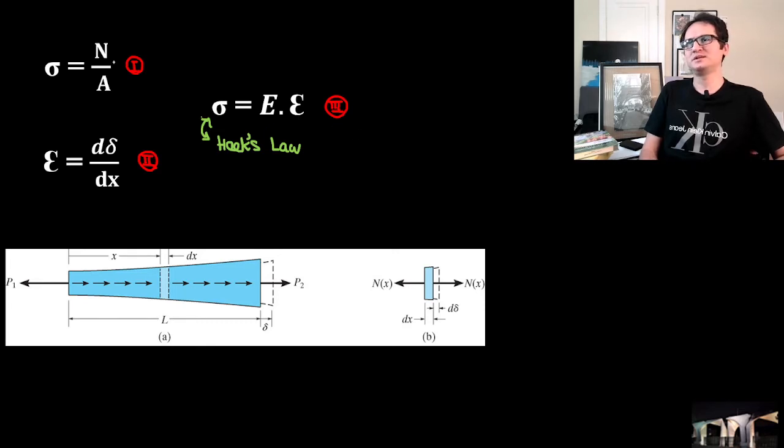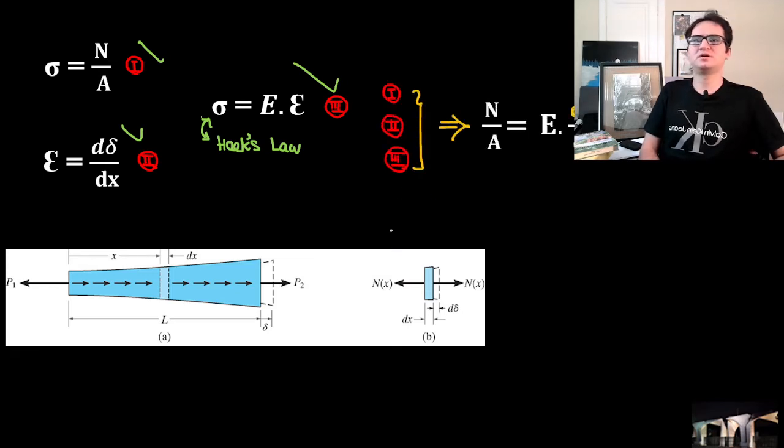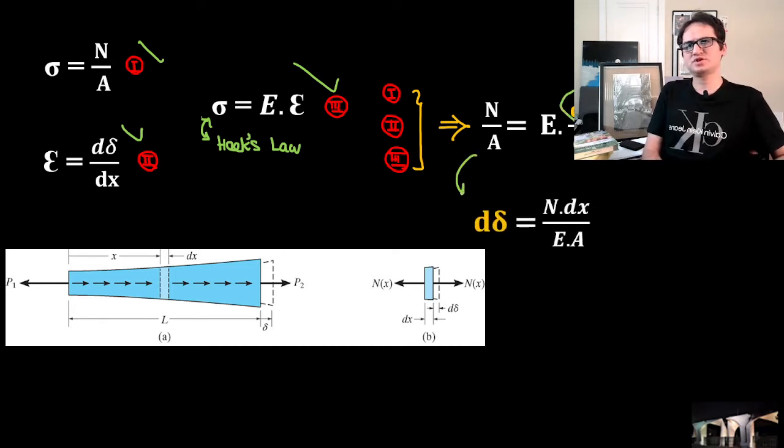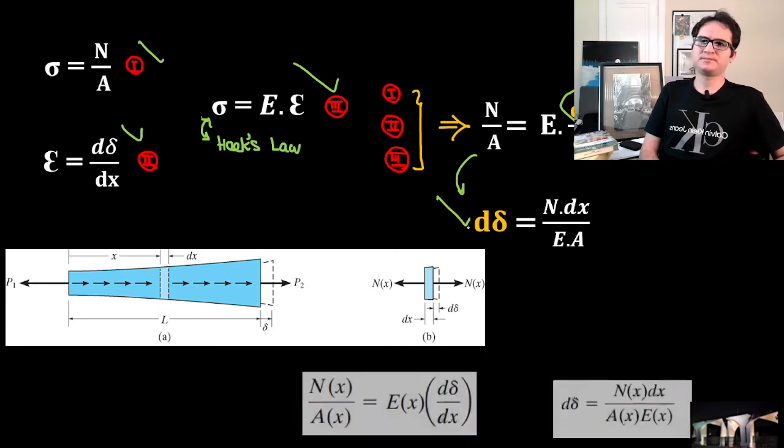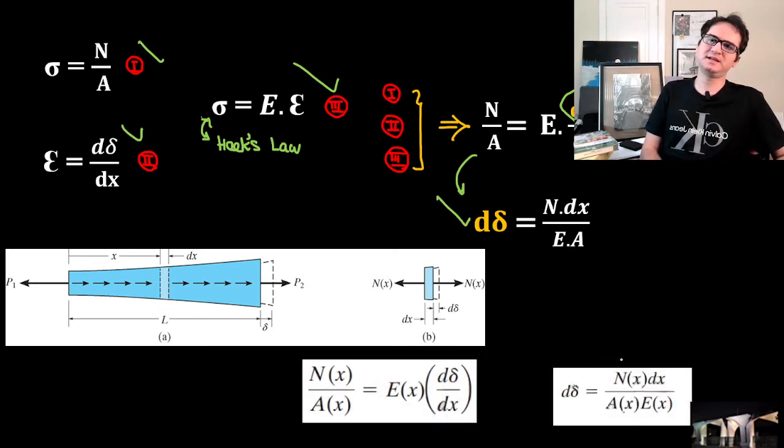If we combine all of them together, it gives us N over A, force over area, equal to the modulus of elasticity E times d delta over dx. If we rearrange this equation for d delta, we get N dx over E A, so d delta is N(x) dx over A times E.